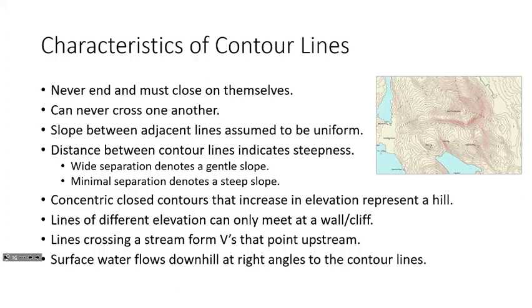And whenever you're looking at the way that water flows, look at the contours going downhill. The water flows at right angles to the contour lines going down. So you have contour lines going like that, the water's going to flow perpendicular to that. That's the way that gravity's going to want it to go. Does that make sense? Okay.